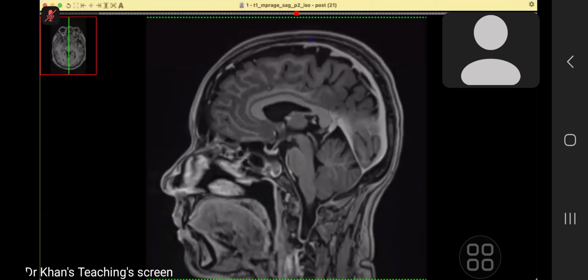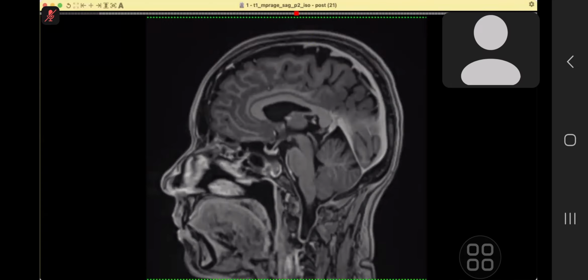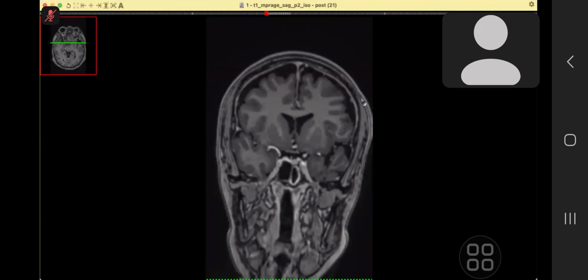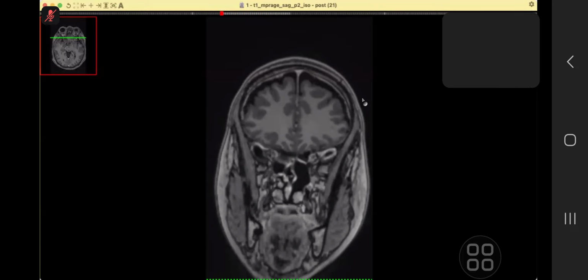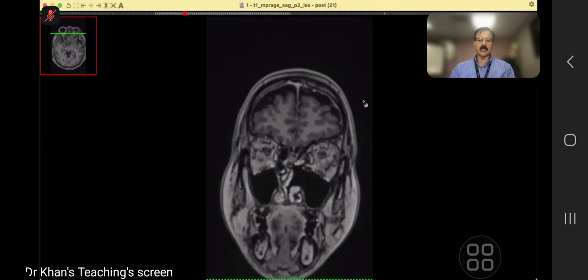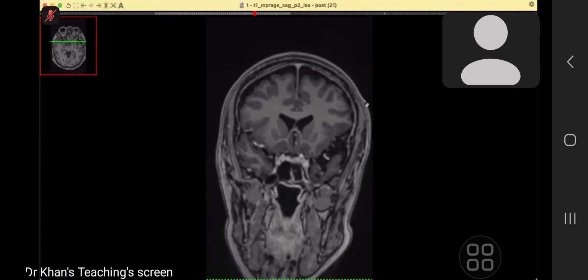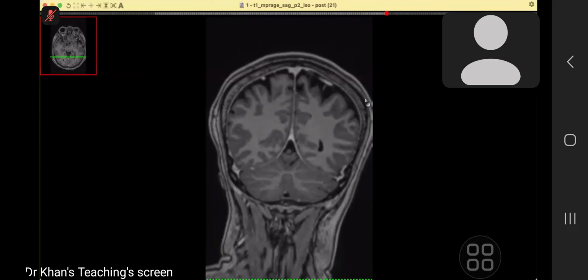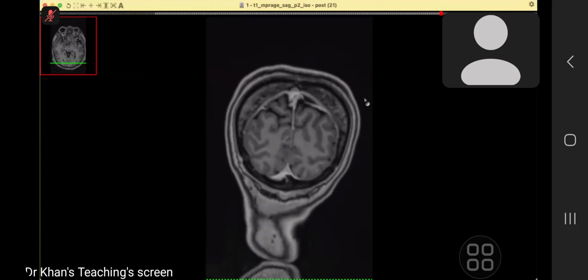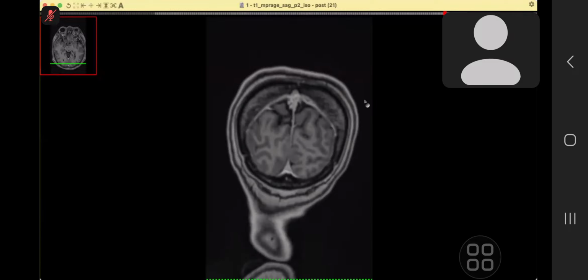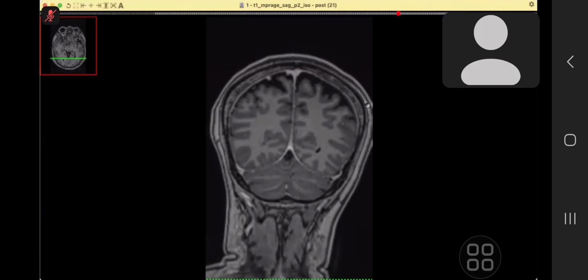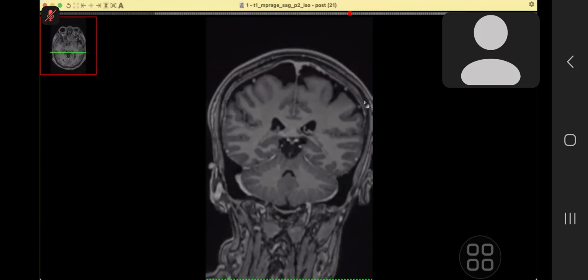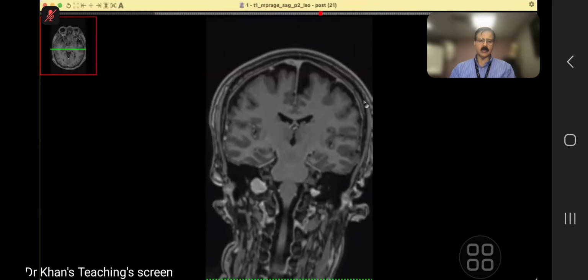I can't appreciate much leptomeningeal thickening, maybe some here. I've gone to a coronal cut. I can't appreciate much leptomeningeal thickening or enhancement to suggest meningitis.